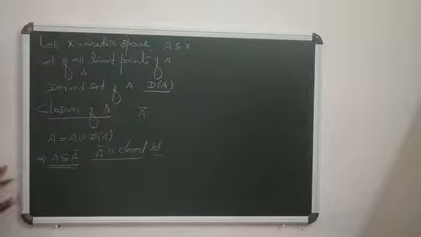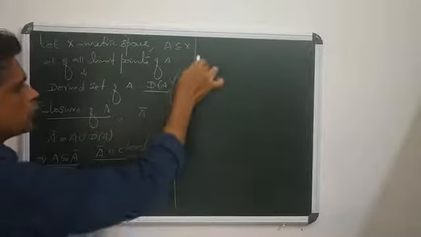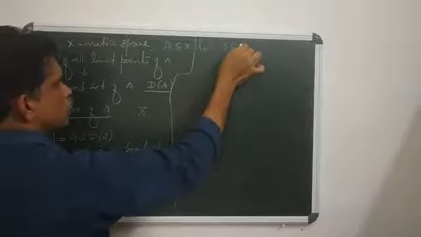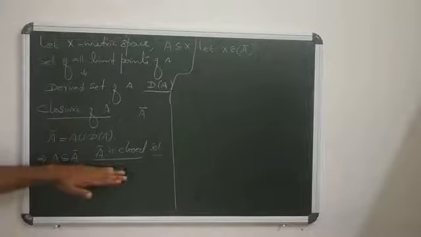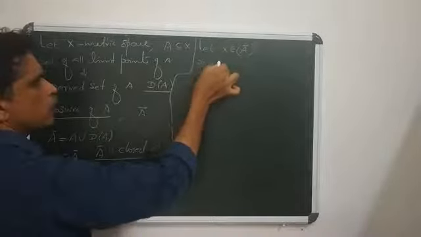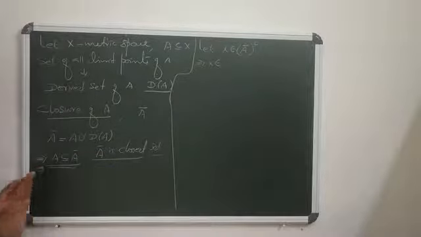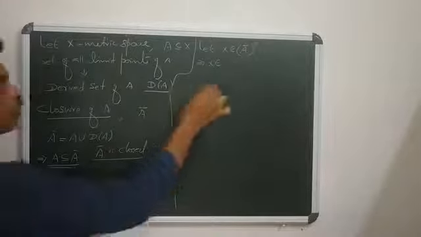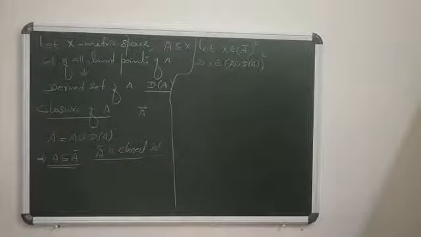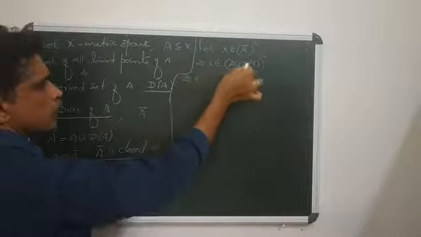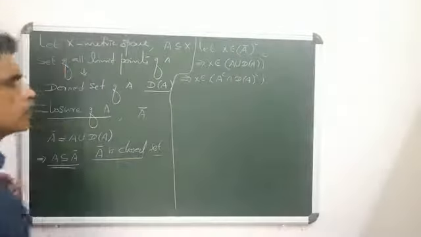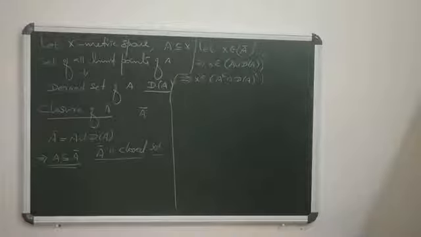Let x fall in A closure complement. To show A closure is closed, first we show that A closure complement is open. x falls in A closure complement means x falls in the complement of A union D of A, which is x falls in A complement intersection D of A complement, by the rule that the complement of A union B is A complement intersection B complement.